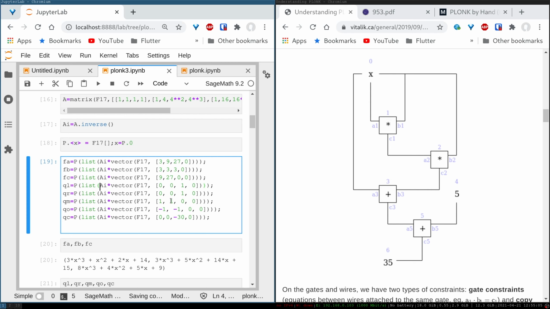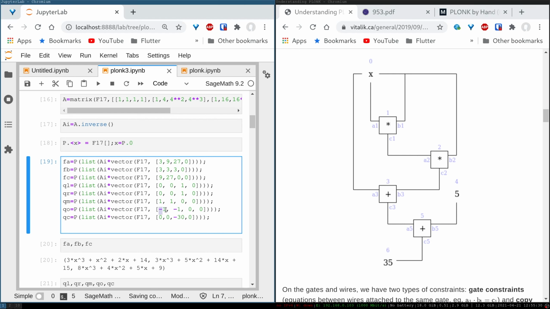Likewise for the second gate. The third gate combines A3 plus B3, so we have 1 here and 1 here, but no multiplication. And finally, for the third gate, there's a minus 30. Then there's no output for the last gate. Everything should balance to 0 already.